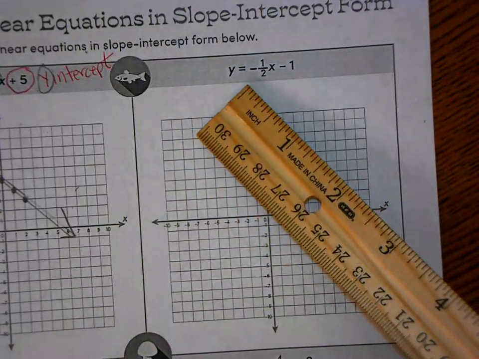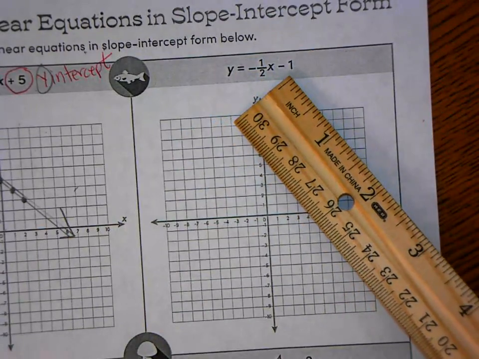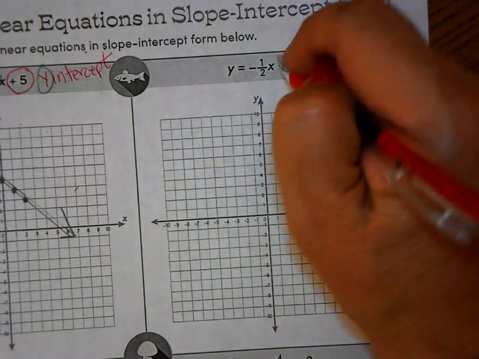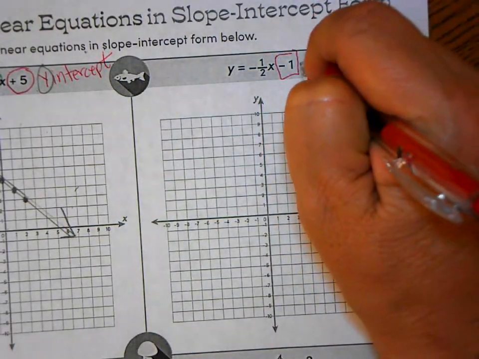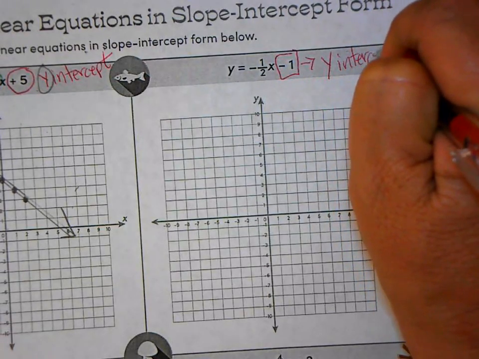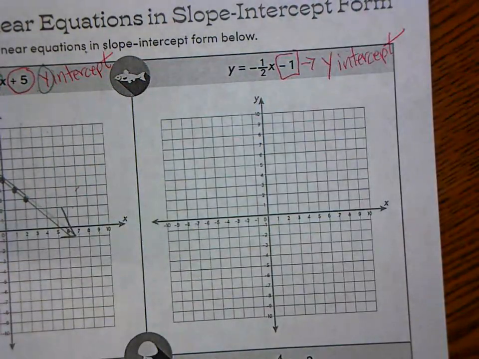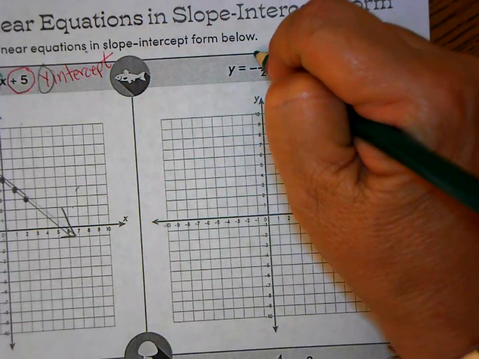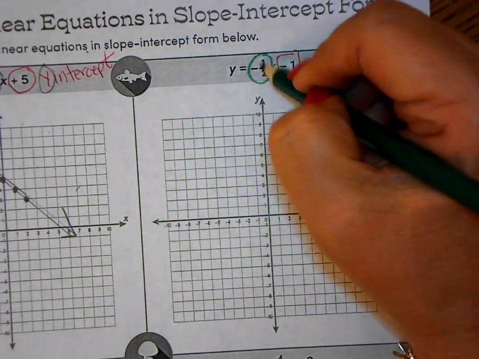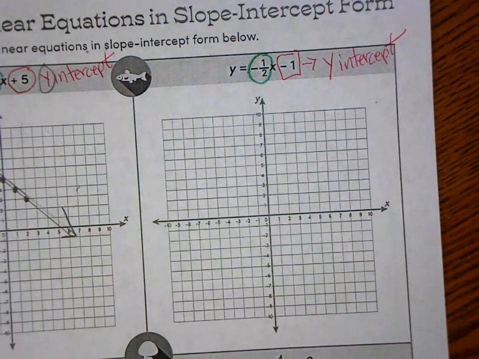Y equals -1/2 x minus 1. Again, same routine. I am going to box in my -1, label that my y-intercept. Circle my slope, which is -1 over 2. It's already done.